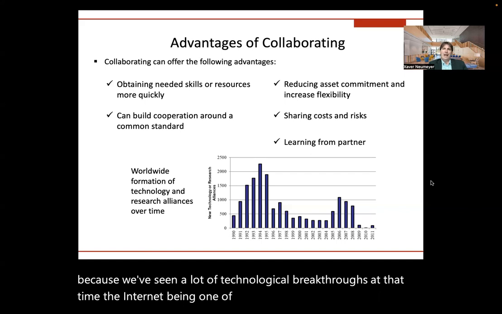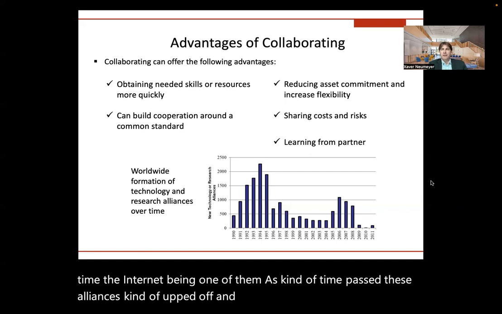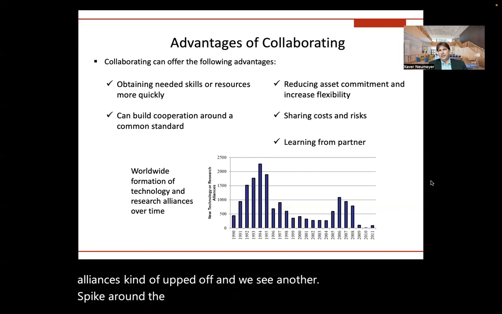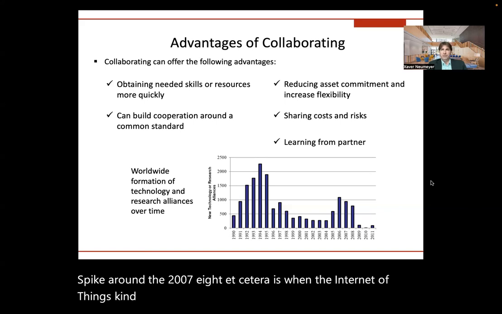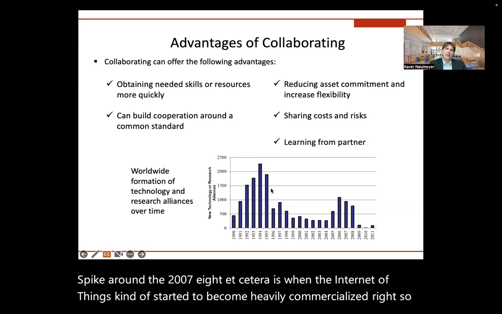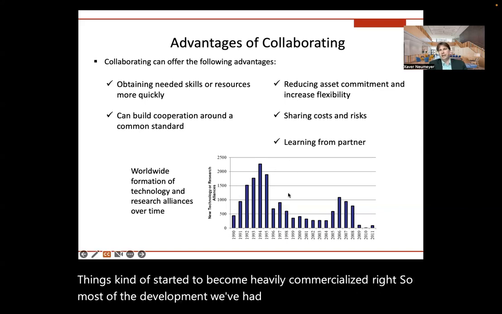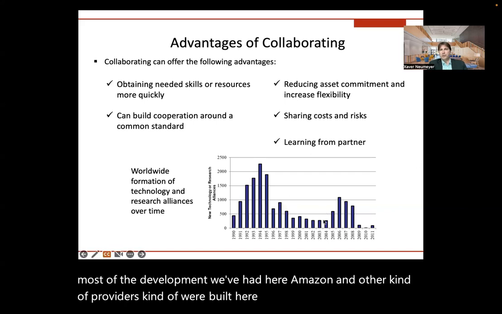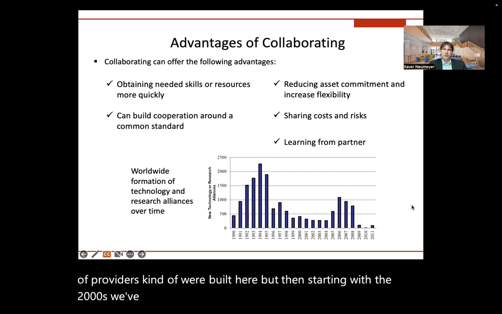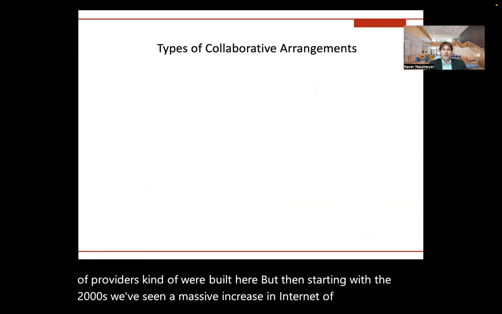As time passed, these alliances ebbed off, and we see another spike around 2007, 8, etc., when the Internet of Things started to become heavily commercialized, right? So most of the development we've had here, Amazon and other providers were built here. But then starting with the 2000s, we've seen a massive increase in Internet of Things applications.